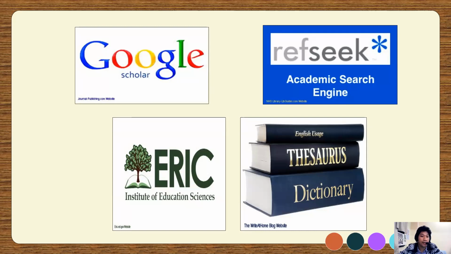It is a database that primarily focuses on education, but it also includes a number of related topics such as psychology, social work, and other social issues. And then, of course, the dictionary, it is also a good source that could provide us some definition of terms needed for our academic paper.